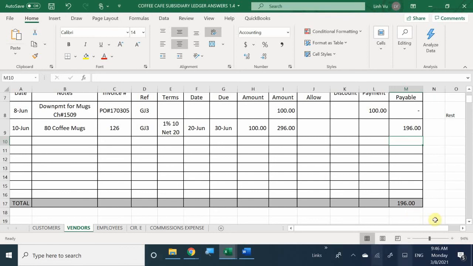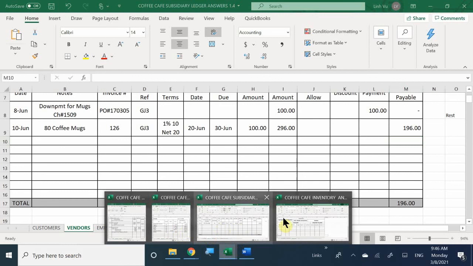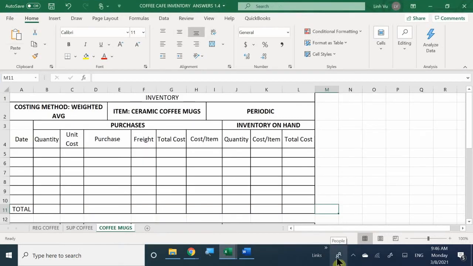Okay. So now we completed all three worksheets. We completed the journal, the general ledger, and the subsidiary ledger, so that now we can finally be introduced to the inventory worksheet.